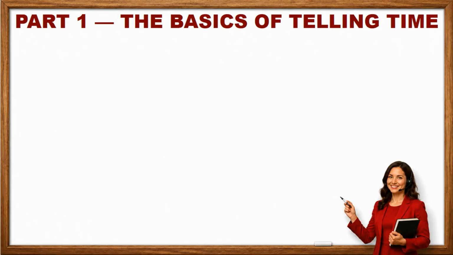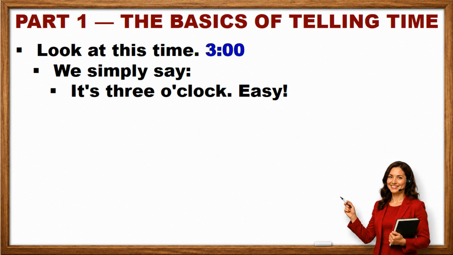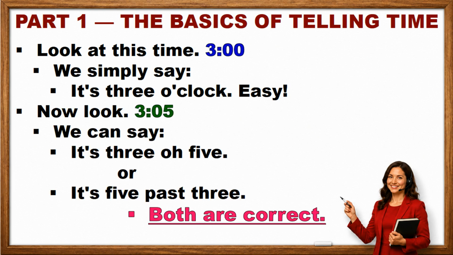Part 1. The basics of telling time. Before comparing American and British English, let's review the basics. Look at this time. 3 o'clock. We simply say, "It's 3 o'clock." Easy. Now look. 3:05. We can say, "It's 3:05," or, "It's five past three." Both are correct.